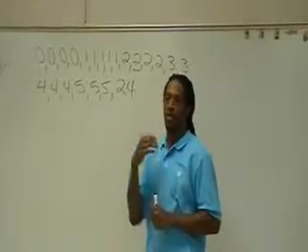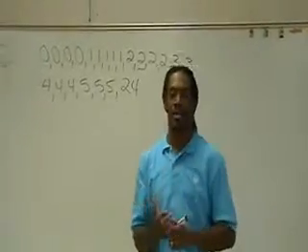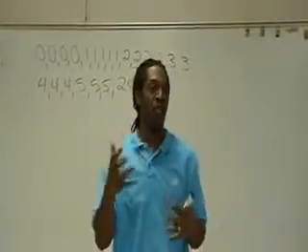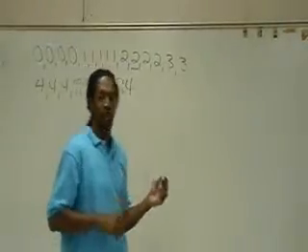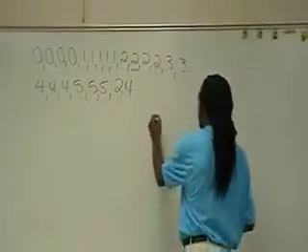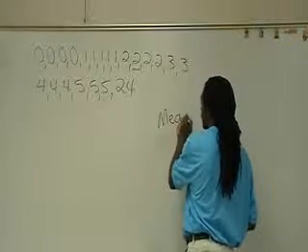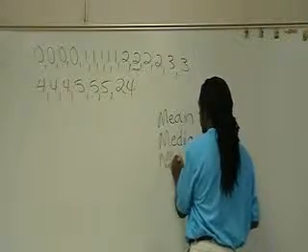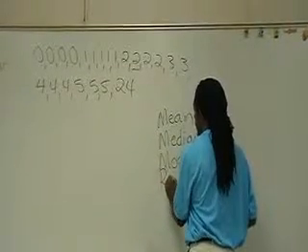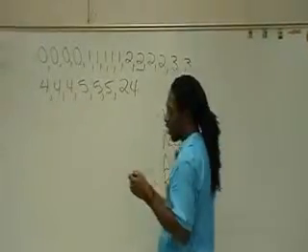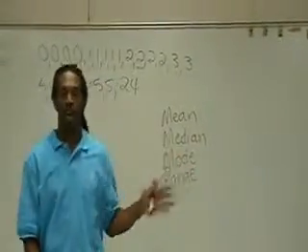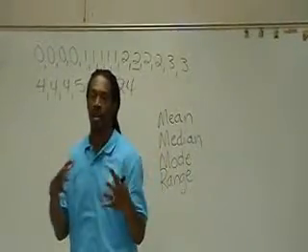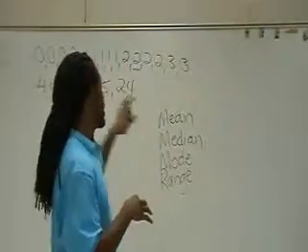Just to refer back to what we talked about earlier with categorical data, the only measure of center that we can find out of mean, median, mode, and range would be the mode, because categorical data are groups and they are not numbers.